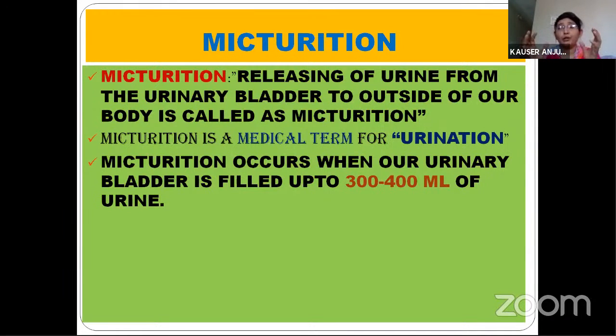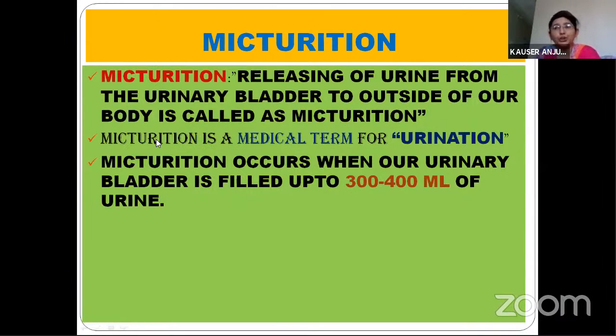When the urinary bladder is filled to a quantity of minimum 300 to 400 ml, then we feel like we would like to pass the urine. This releasing of urine from the urinary bladder to the outside of our body is called micturition.